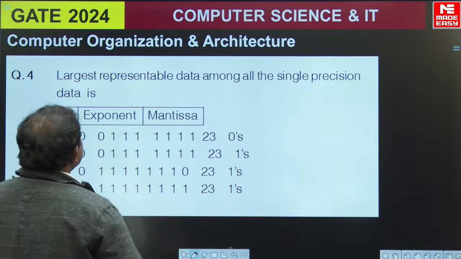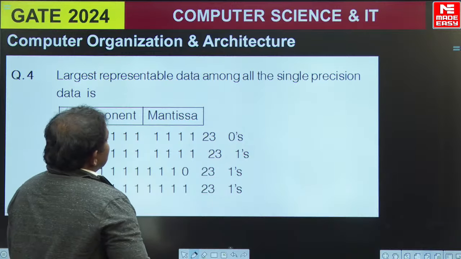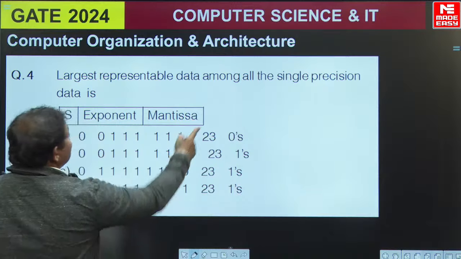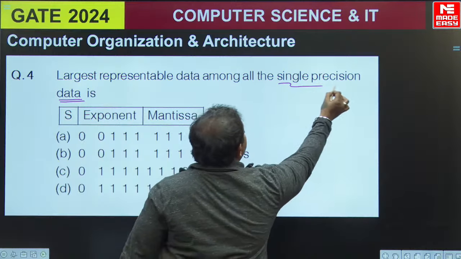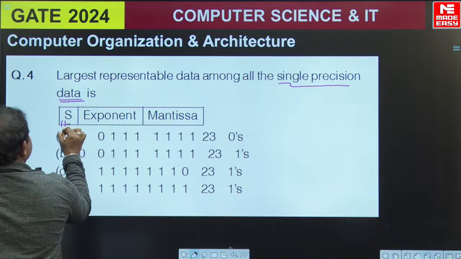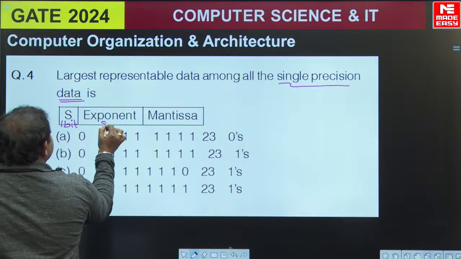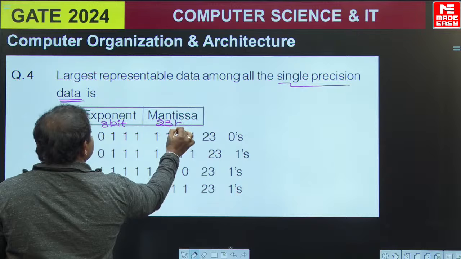See, the largest representable data among single precision, all the single precision data elements. They gave the single precision data. As you know, in single precision data, 1 bit is used for the sign, 8 bits are used for the exponent, 23 bits are used for the mantissa.